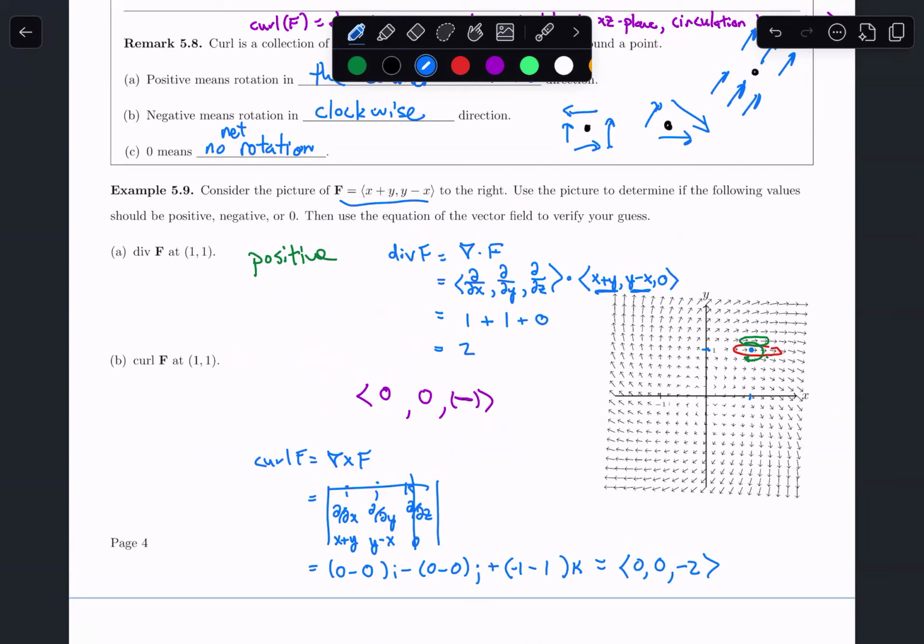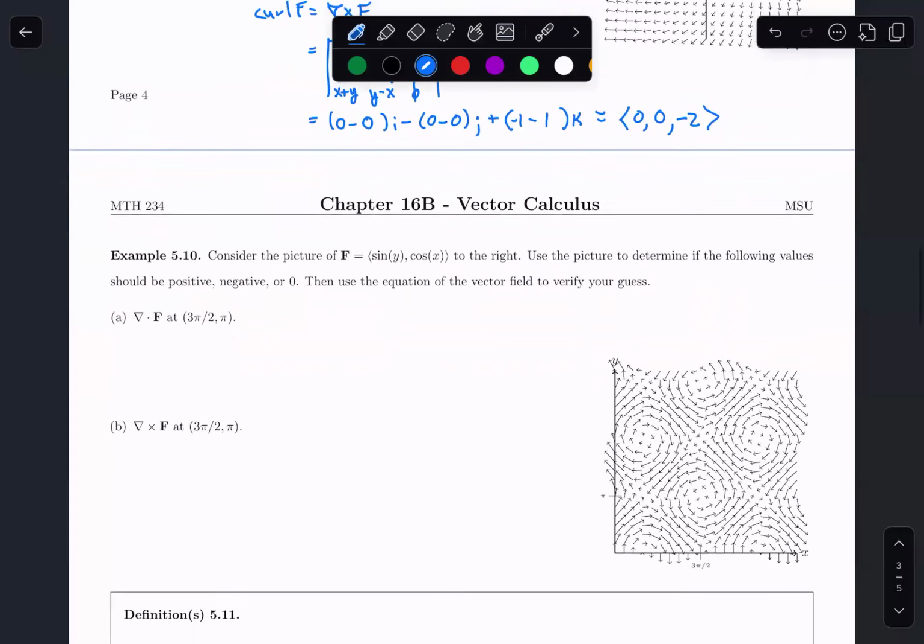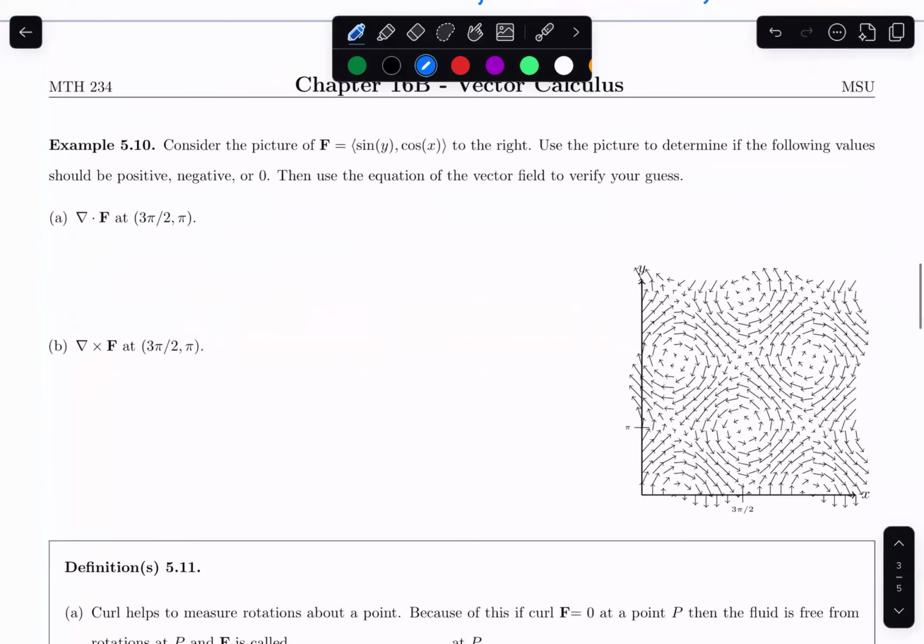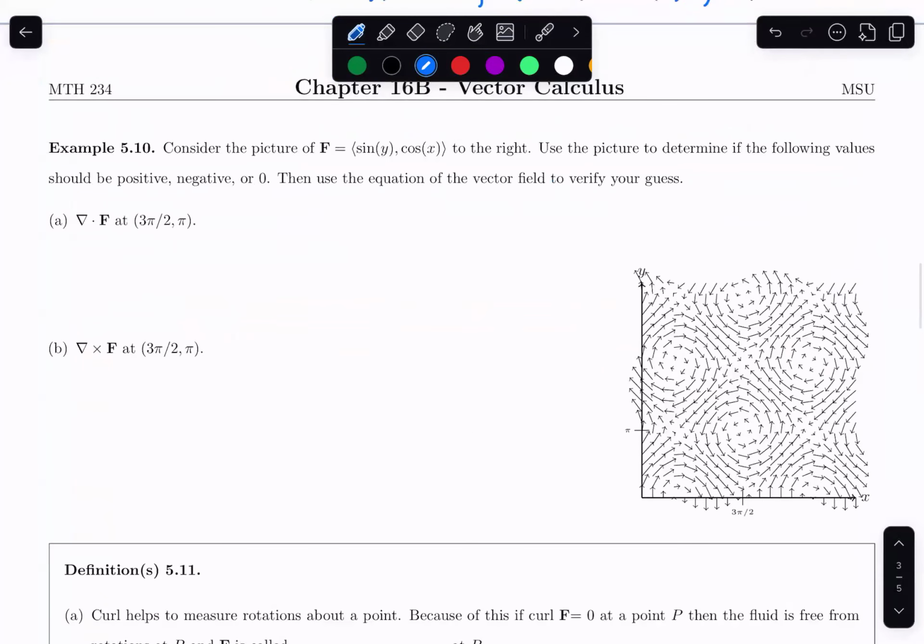All right, well, I would like to give you guys a chance to try one of these. So I have a more interesting vector field, a little bit more difficult, but not a ton. So sine Y, cosine X, you get these interesting tide pool sort of things. So I'd like you to use the picture to determine if these things are positive, negative, or zero.